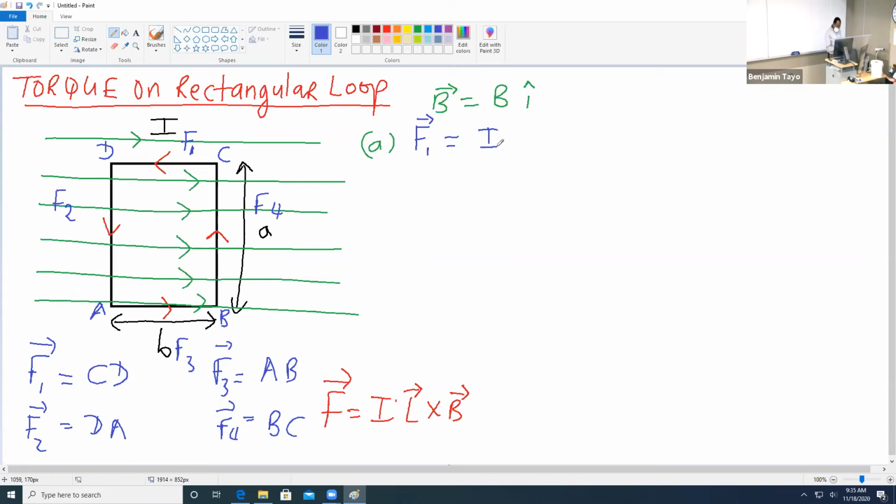So I can write that as the magnitude of the vector, which is just the length from point C to point D, is b, and then b times negative I hat. Again, you just see that this should be 0, because I hat cross I hat is 0, right?